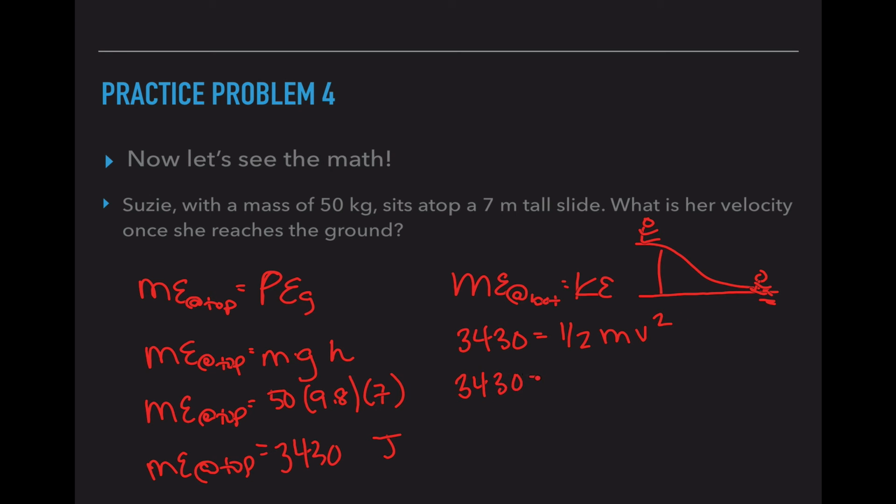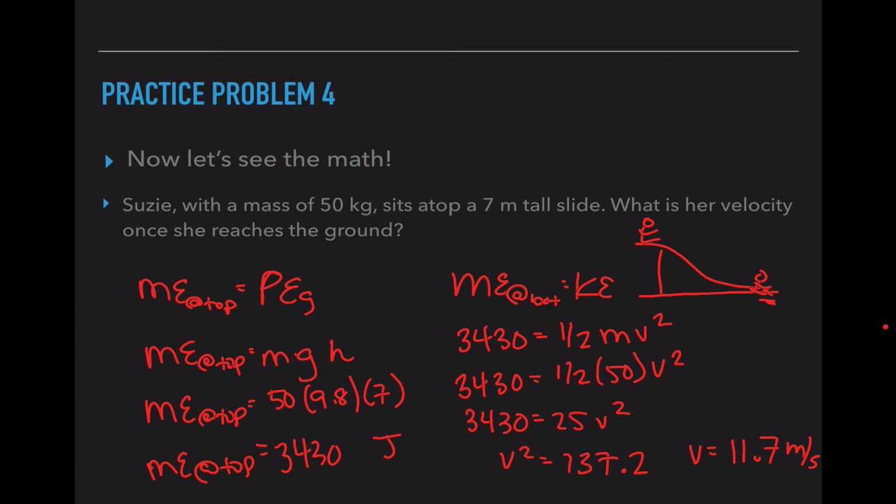And I know her mass is 50, so I'm going to solve for v squared. V squared is 137.2. And my last step is square rooting it, and her velocity at the bottom of that slide is 11.7 meters per second.